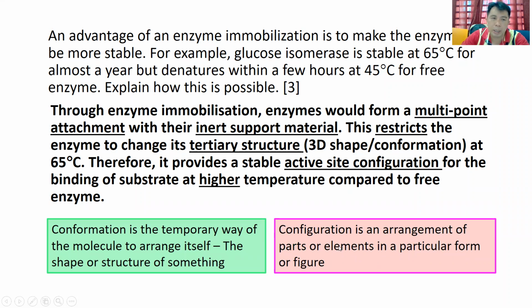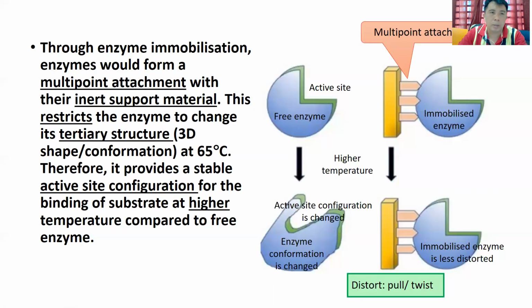In chemistry, configuration can have many different meanings in different topics. If you want to be safer, just write active site shape, or the shape of the active site. Everything you use, use shape or structure.